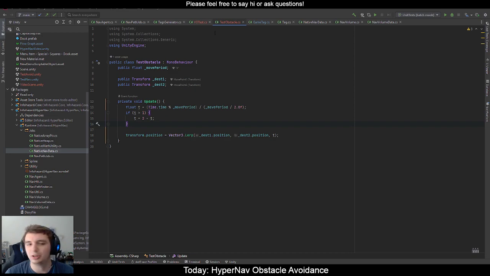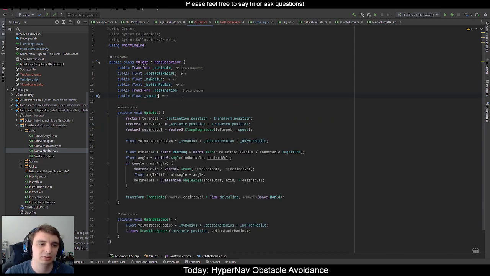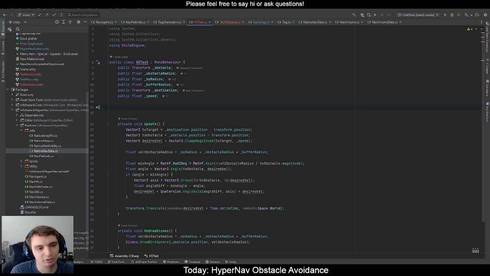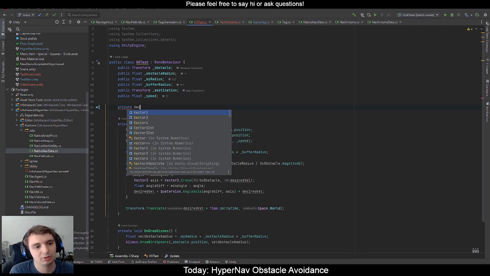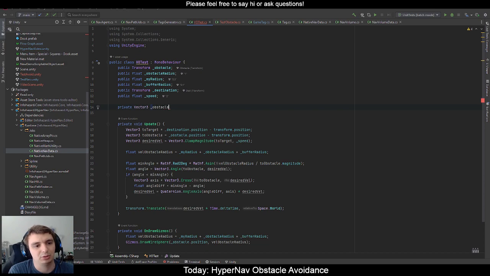So the main issue now is that the avoidance is not taking the obstacle's velocity into effect. So let's keep track of obstacle last position.